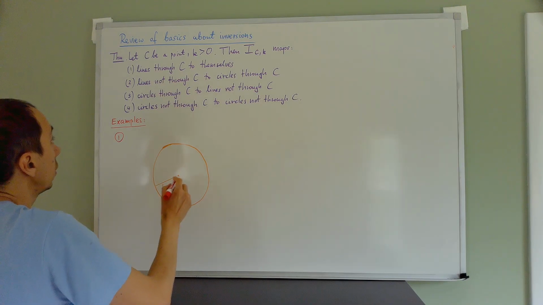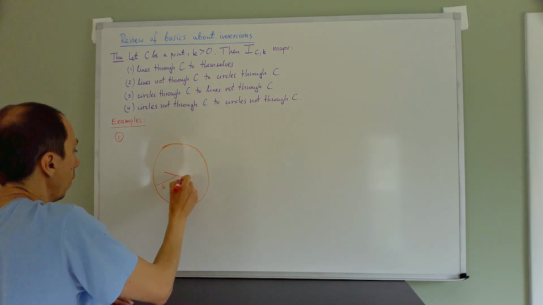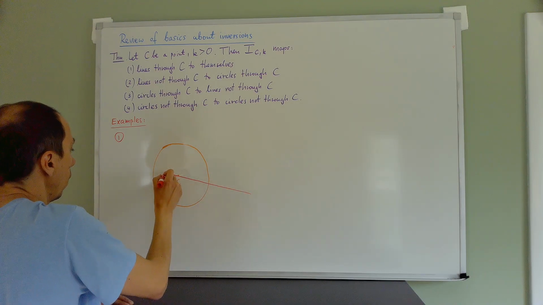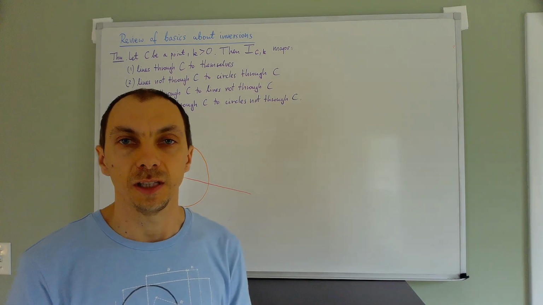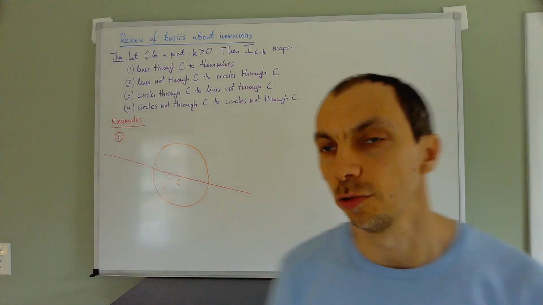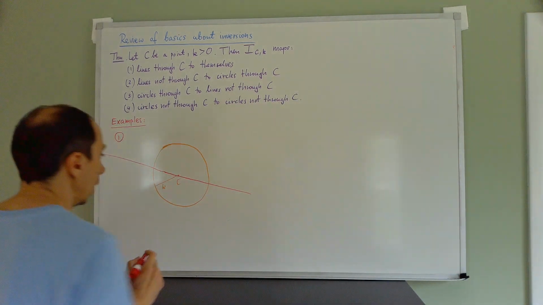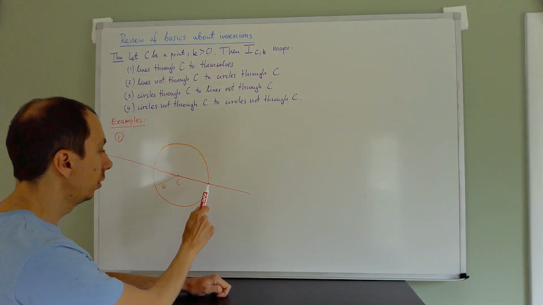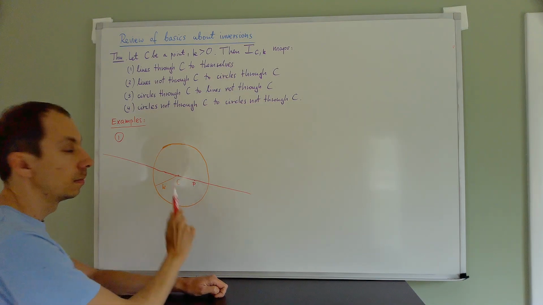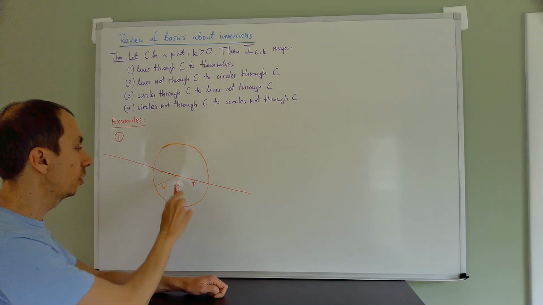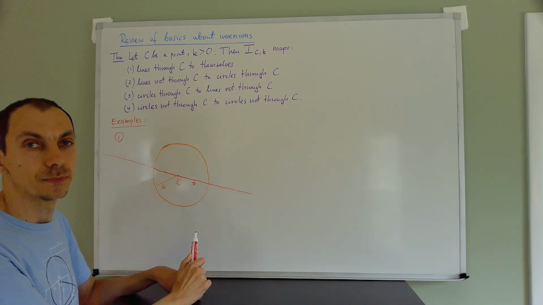If I draw a line that goes through C, then what will the inversion do to this line? Well, if I take any point on this line, let's say this point here, and I apply the inversion to it, it's going to map this point to some other point on that line.